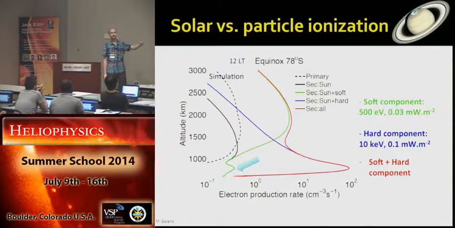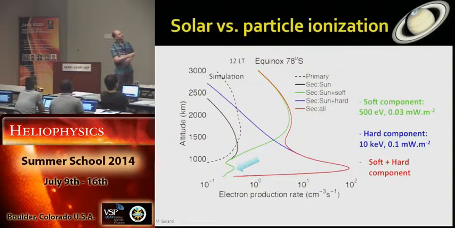Those photoelectrons, if they have enough energy, can go on and produce further ionization, further excitation, and so on. And so that's what this extra bit here is. The sun produces some photoelectrons. Those photoelectrons produce additional ionization here, giving you another ledge. On the other hand, if we compare to two different populations of precipitating electrons, here's a soft precipitating flux and a so-called hard precipitating flux.